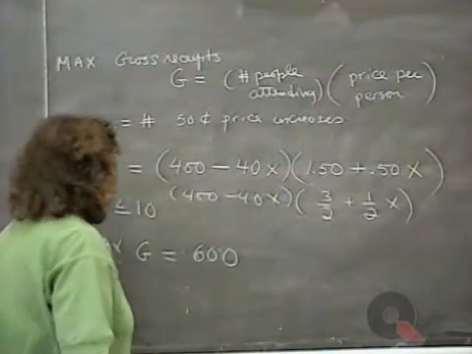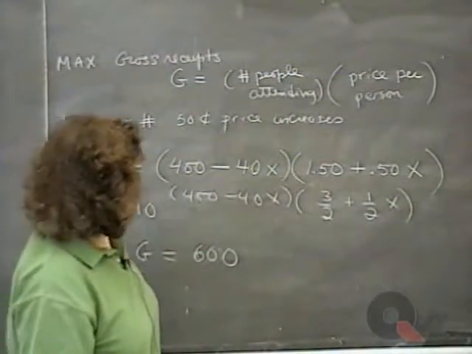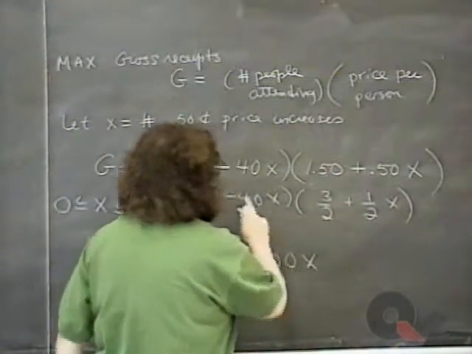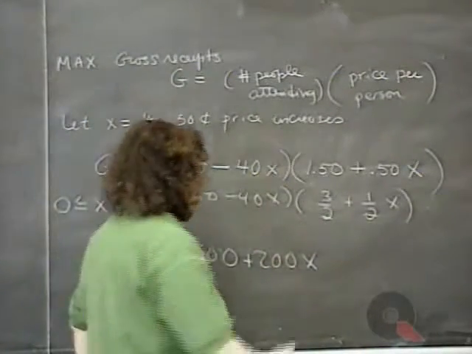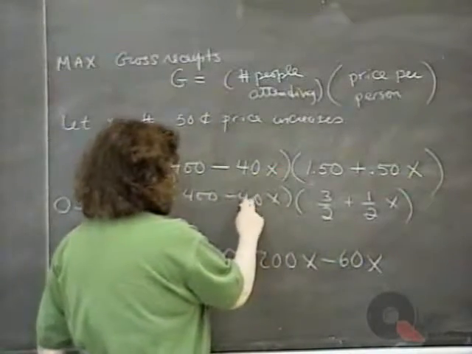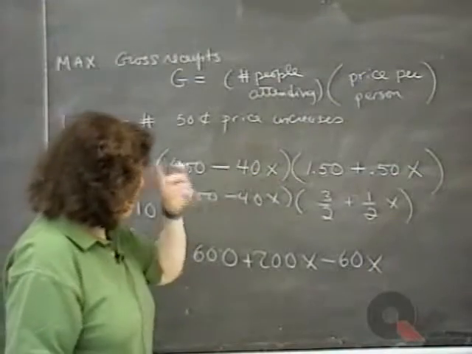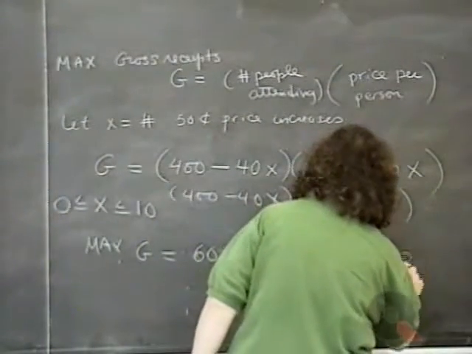That's first. The outer, 1/2 x times 400, would be 200x. The inner, minus 40x times 3/2, is minus 60x. And the last, minus 40x times 1/2 x, is minus 20x squared.